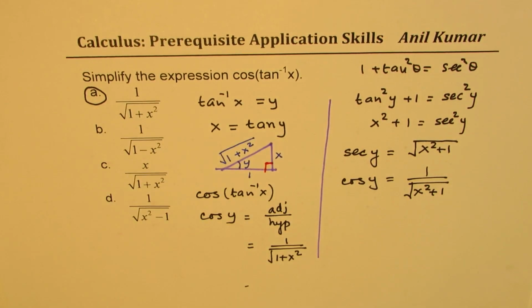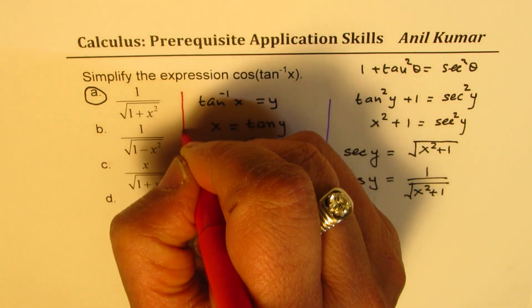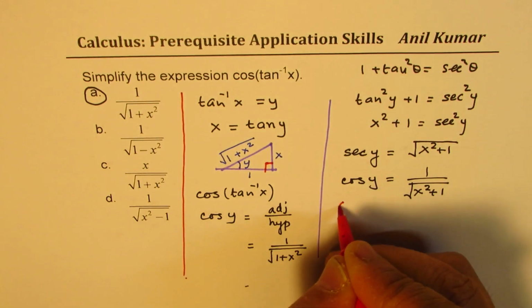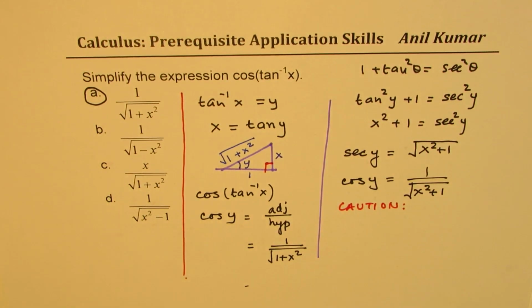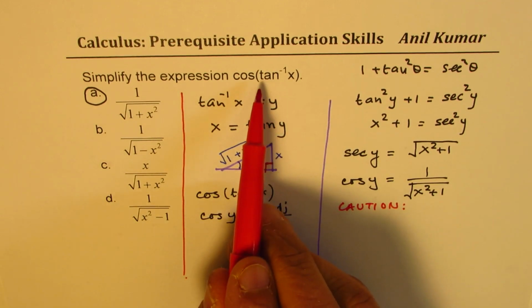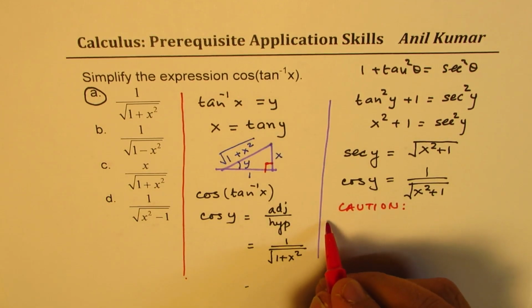Now if it is given as a multiple choice question, you can always take option A and that's it. But if it is not given as a multiple choice question, caution. Caution is that whenever we work with inverse function, we have to restrict the domain.